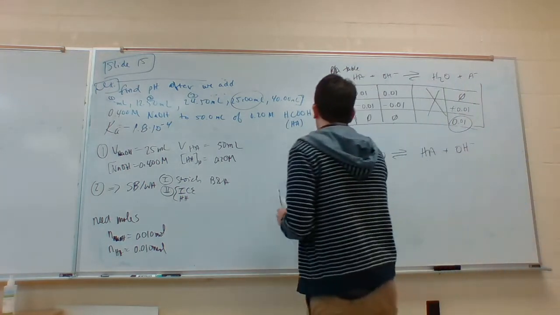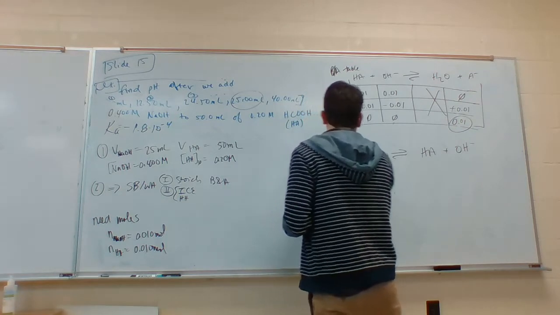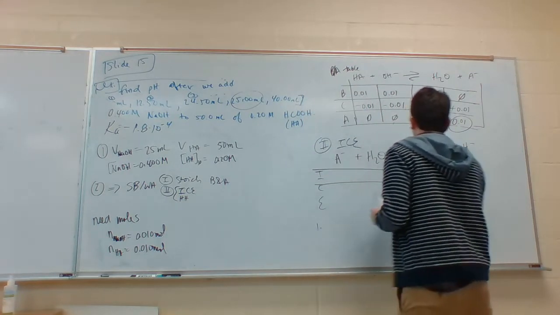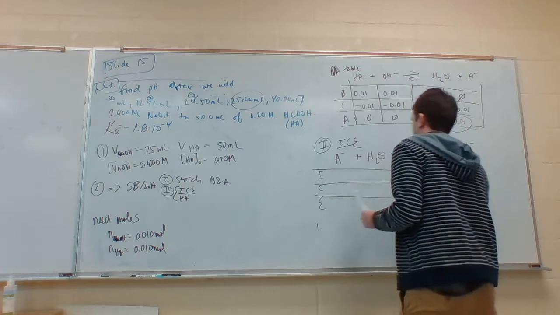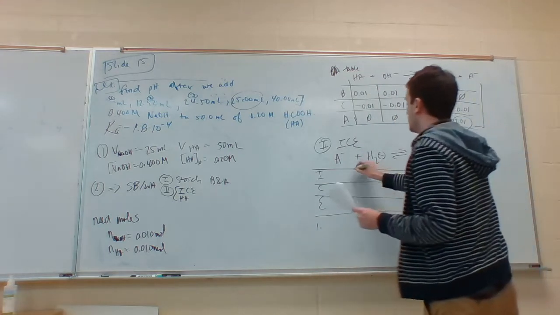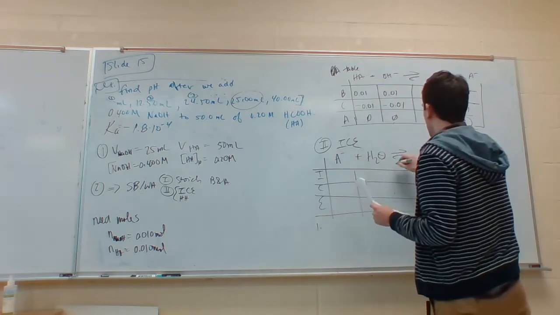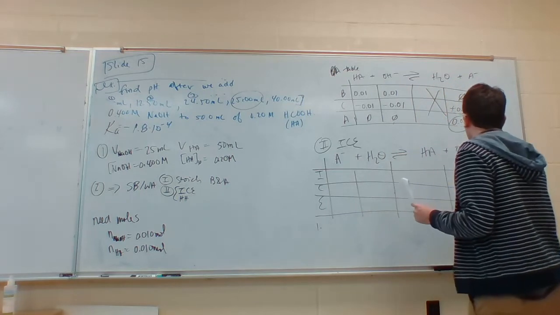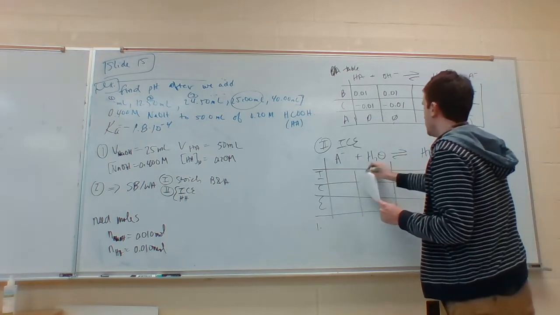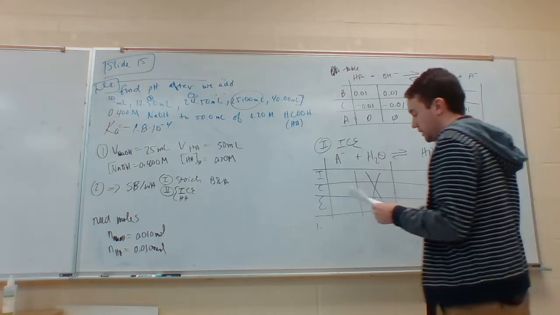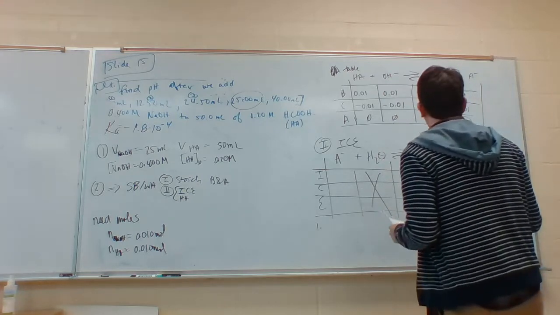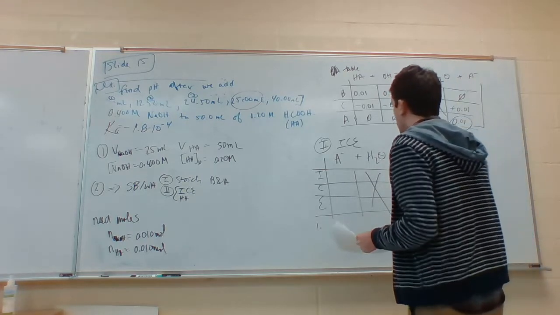So now we do ICE. To fill these, we have to have our concentrations, whereas before, we were dealing with a number of moles. Now here we're going to cut out our water, we don't need that. Now, this is our number of moles, right?